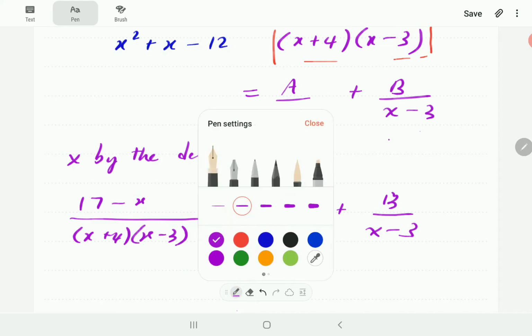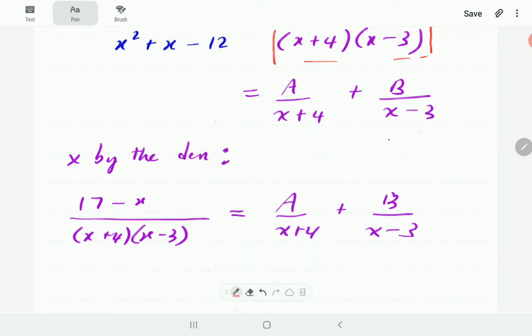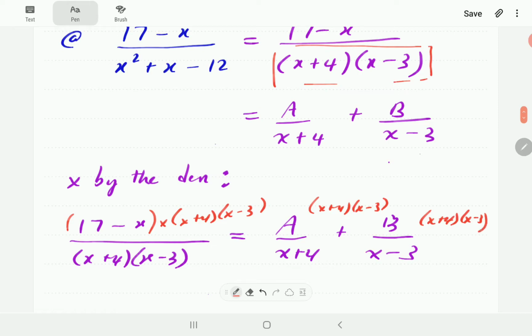Now we multiply everything by the denominator. Like here we're going to multiply by x plus 4 x minus 3. We're going to multiply this one by x plus 4 into x minus 3, and this one by x plus 4 into x minus 3.